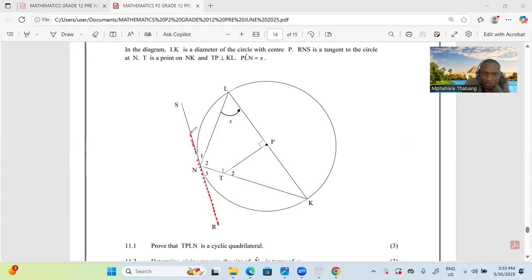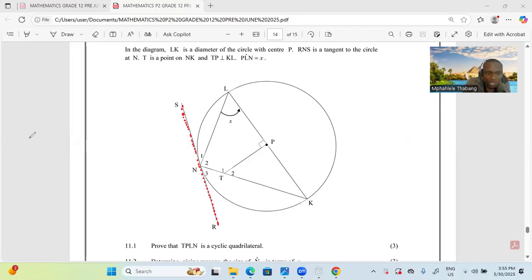This line of tangent touches the circle only at a point N. Remember, a tangent must touch the circle at one point. And I told you that whenever they give you the tangent, you have to check how you can apply the tan chord theorem.